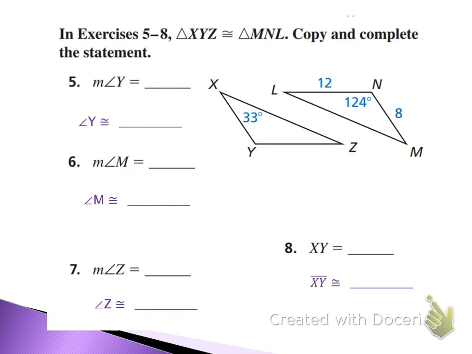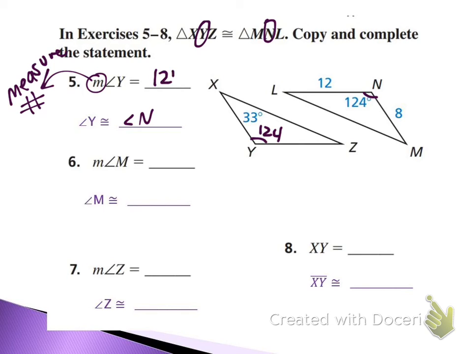So when it says this little m, what does this mean? Measure. So what should your answer look like? A number. So what's helpful is doing this part first. What is angle Y congruent with? N. What is the measure of N? So the measure of Y is 124. So go ahead and move on to number 6 if you haven't already.